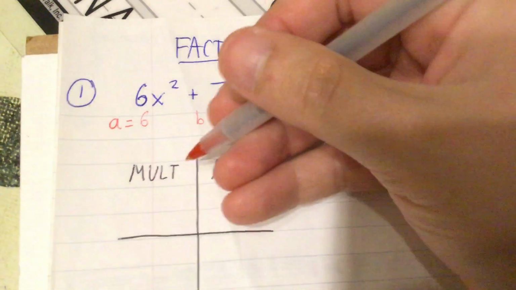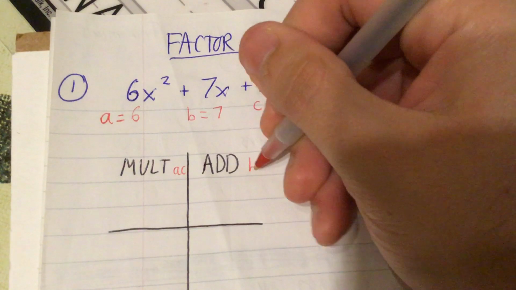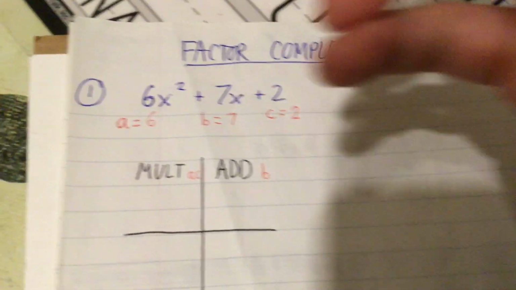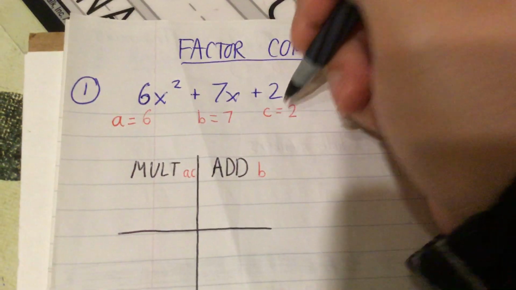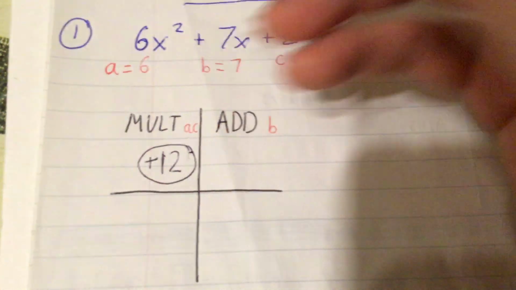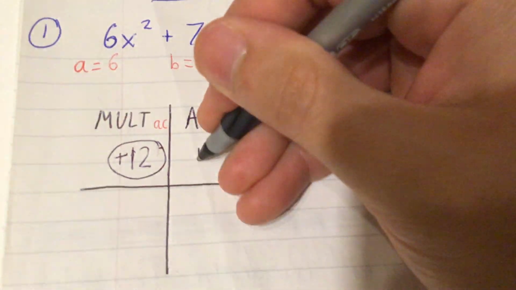I'm trying to figure out what 2 numbers multiply to A times C and add to B. Remember that A times C, positive 6 times positive 2, is positive 12. So I need 2 numbers that multiply to AC, positive 12, and add to positive 7.